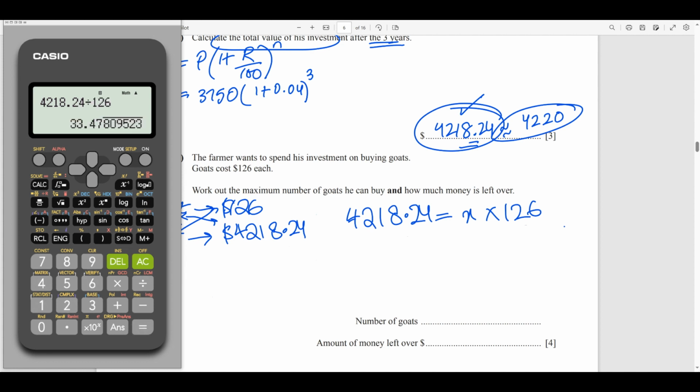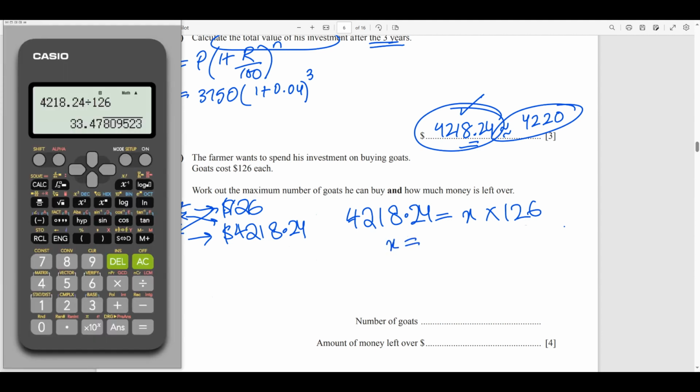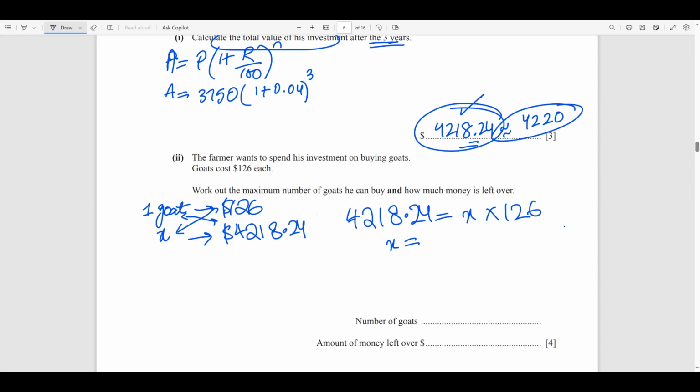Right, so this gives you 33 point, let's say 5. And definitely you cannot buy 33.5 goats. You cannot buy half a goat, right? That means you always have to round it down, so you were able to buy 33 goats, and for the 34th goat you are short of money. So how much money is left, things like that.